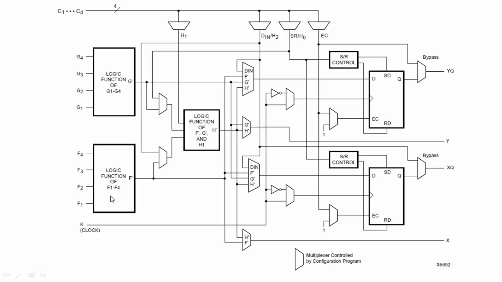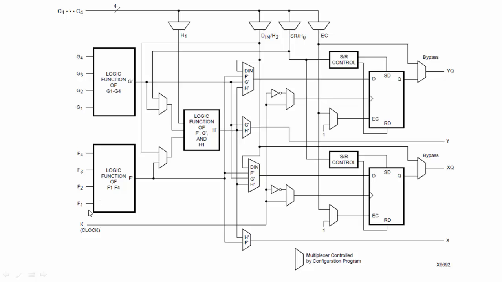For example, if you want the 4 input AND gate, this function generator will work as an AND gate and provide you the output like that. If you want this to work as a NAND gate or XOR gate or any of the gates, this function generator will do that and give you the output accordingly.